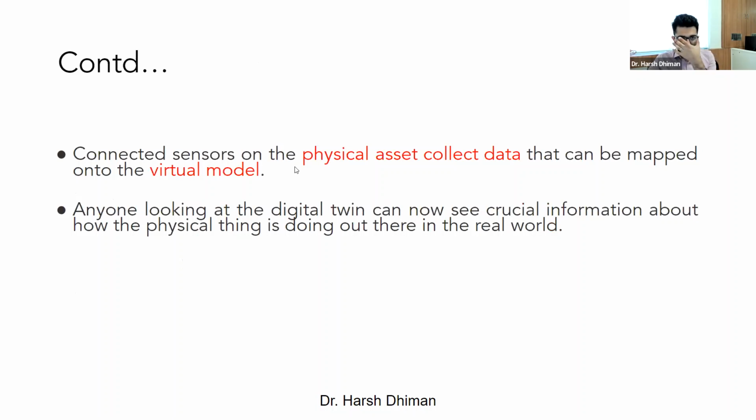And to create a good or reliable digital twin, you need to collect data from your physical asset, right? Data collection from your asset is fed to this virtual model, because the virtual model cannot work on its own. You need to give some predefined data, like how in machine learning there's training data involved.